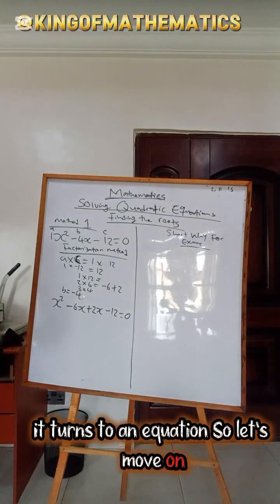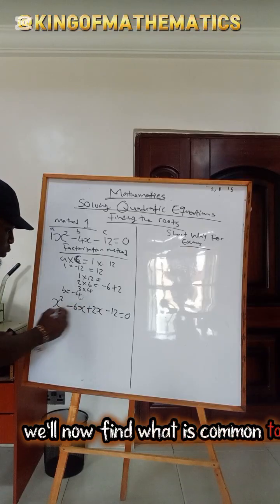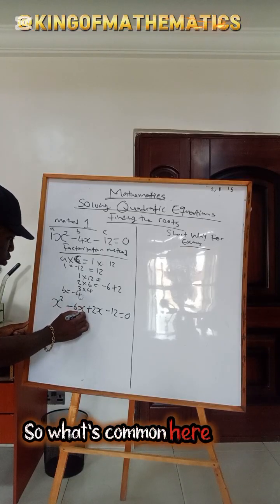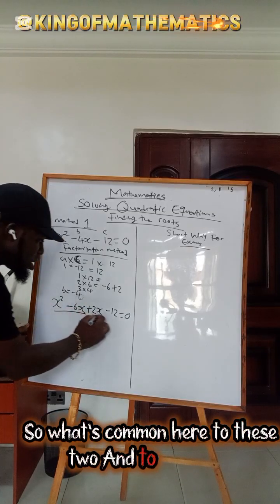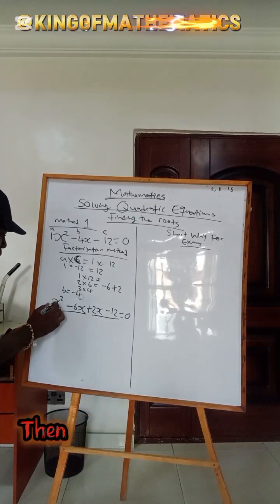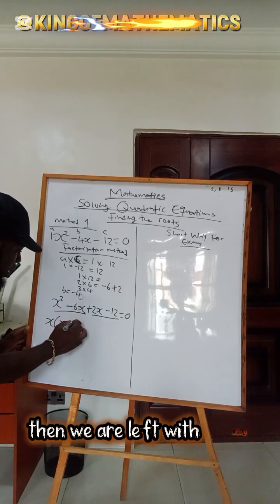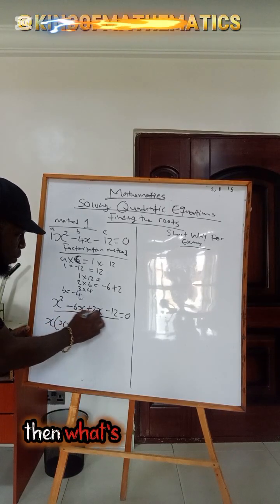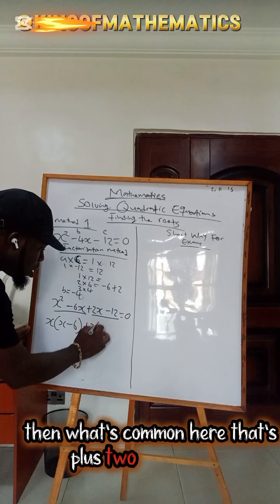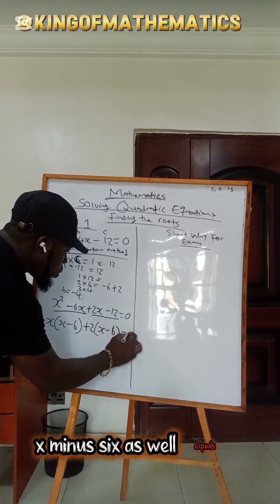So let's move on. From there, we'll now find what is common to both pairs. What's common to these two and to these two? It is x that is common. x squared divided by x will give us x, then we are left with minus 6. Then what's common here? That's plus 2 into bracket, x minus 6, equals 0.